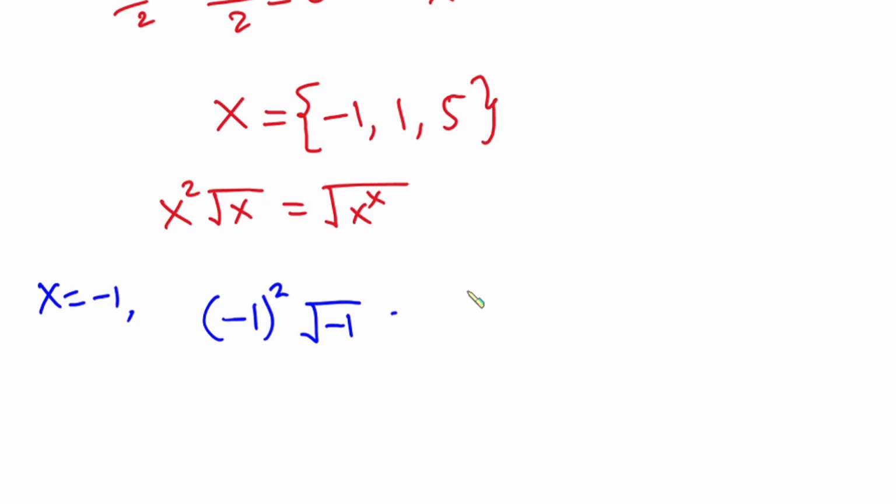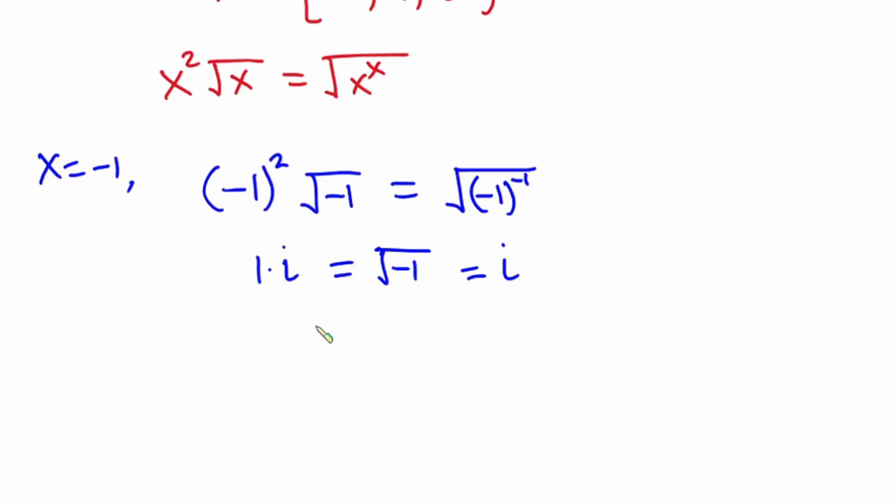And this should be equal to square root of -1 to the power -1. Okay, now from here we have -1 to the power 2 is still 1, then times square root of -1 is i, okay, and this is equal to, now -1 to the power -1 is still -1, then square root of -1, and this is equal to i, okay.